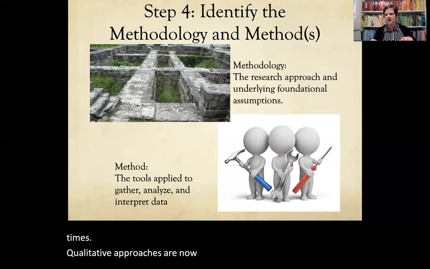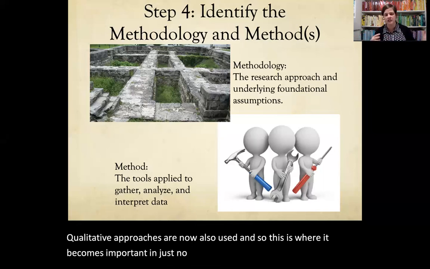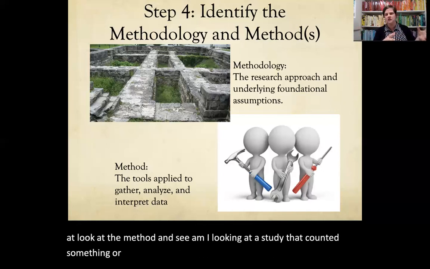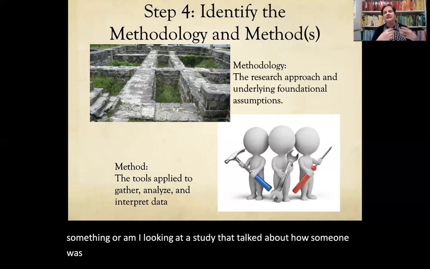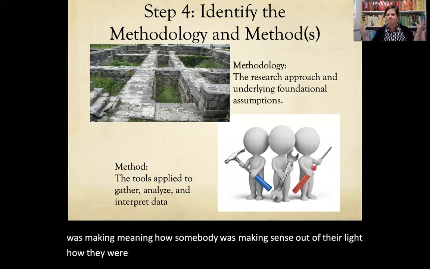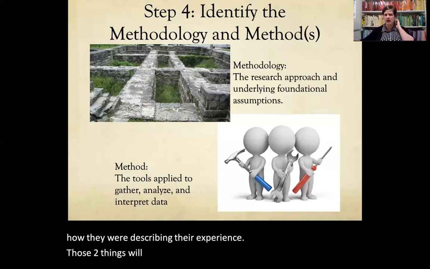And so this is where it becomes important to just know the difference, know what you're looking at. Look at the method and see, am I looking at a study that counted something, or am I looking at a study that talked about how someone was making meaning, how somebody was making sense out of their life, how they were describing their experience? Those 2 things will really, really help you understand what's going on in the paper.